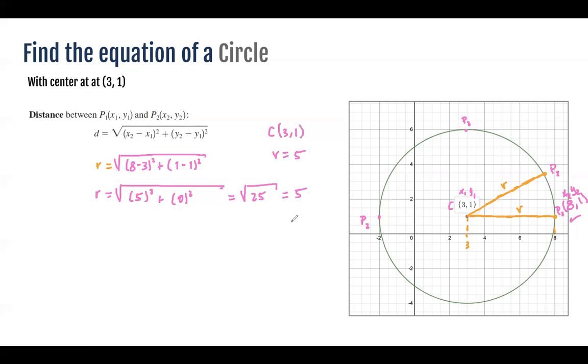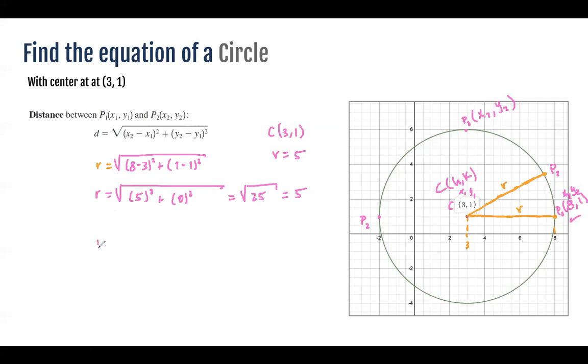So basically, it's telling you that the distance from the center, and the center we're going to call it h comma k, to any point called x2 comma y2, or for that matter x comma y, is going to be equal to the radius. Doesn't matter which point you use, as long as you find the distance from the center to any point.